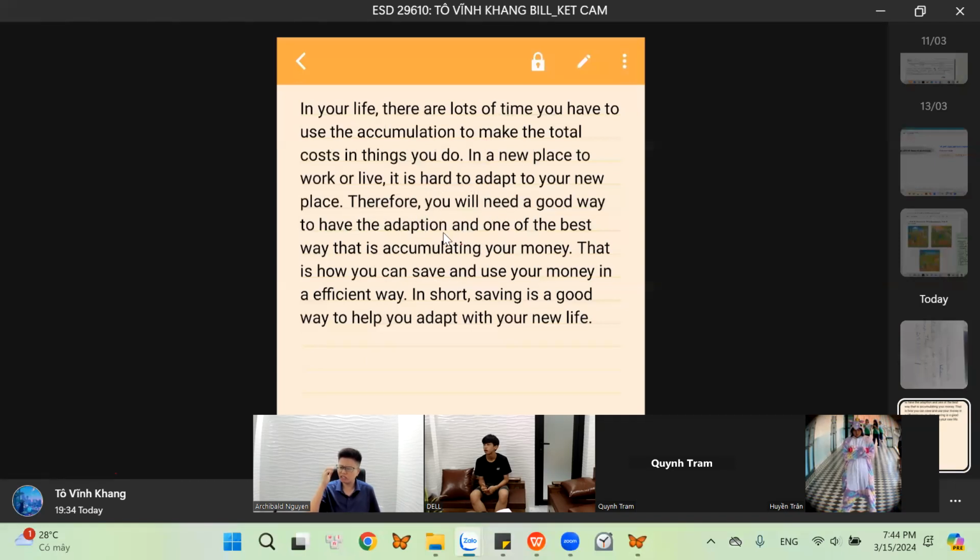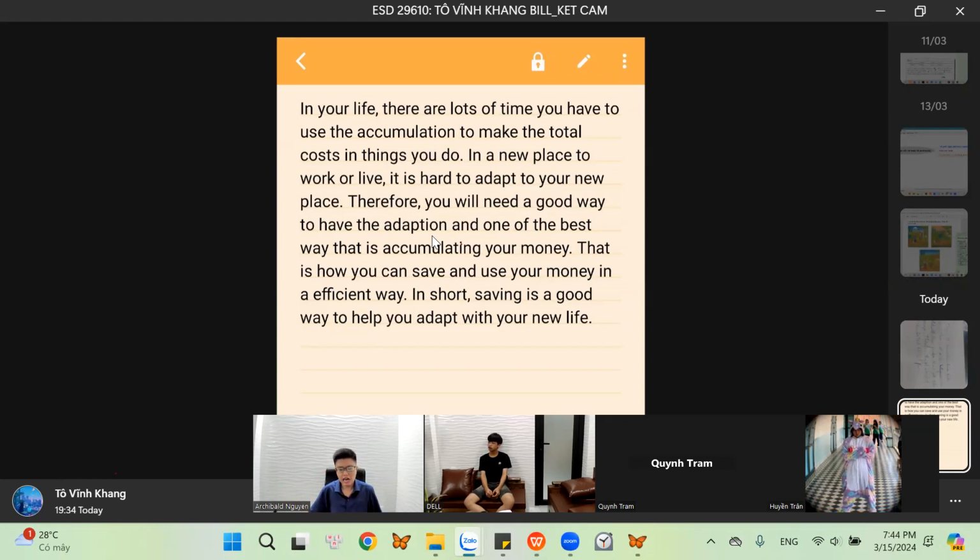You will need a good way to have the adaptation. It means that you will need a good way to be able to effectively adapt to the situation. Because people don't understand the meaning of "have the adaptation". In Vietnamese, "có sự thích nghi", but in English you should make it longer.